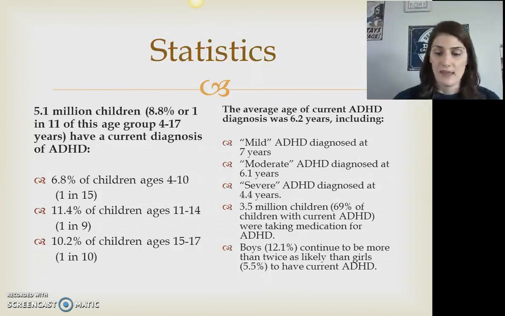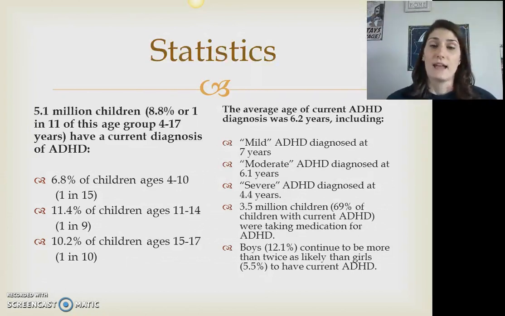And on the right-hand side, you can see that children are diagnosed at about 4.5 years old for the more severe cases, and you probably get earlier detection with those severe cases. Obviously, the age goes up as the milder cases come through, because it takes a while to get that diagnosis.